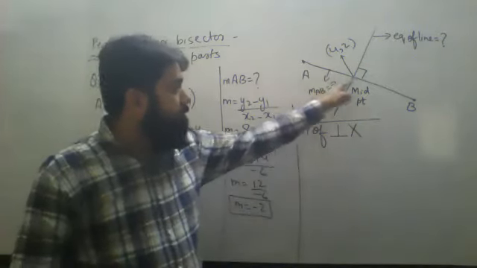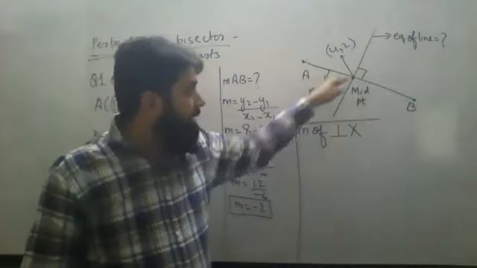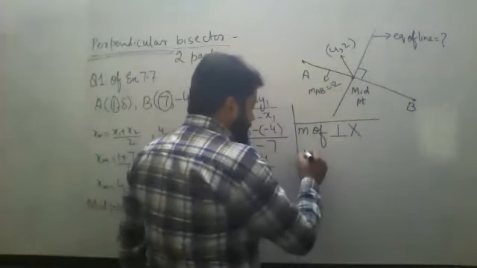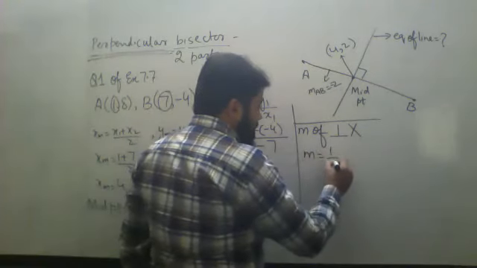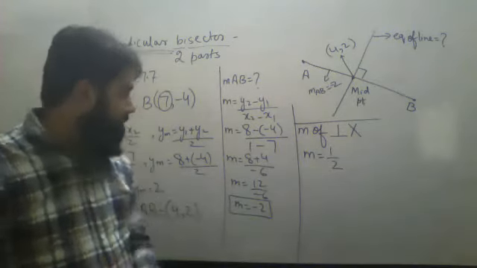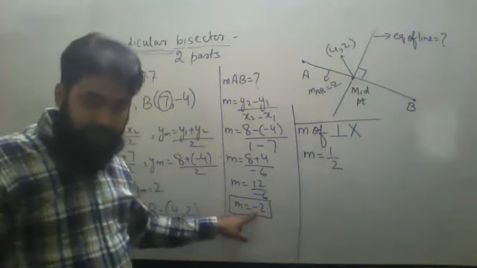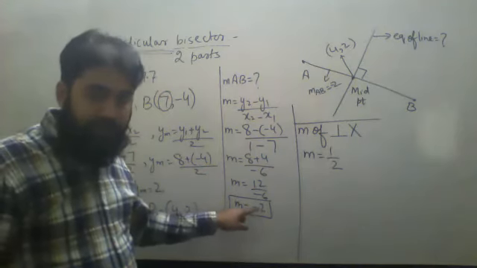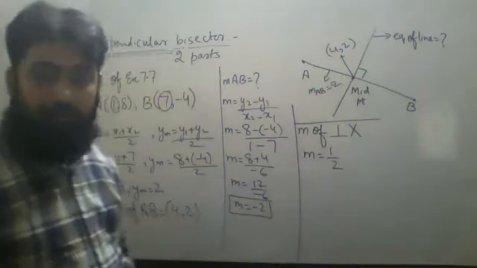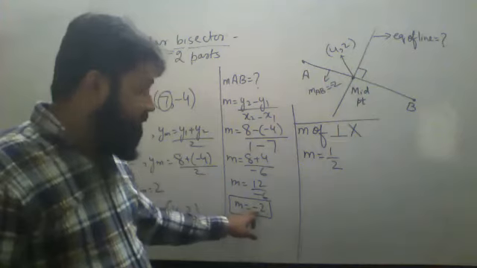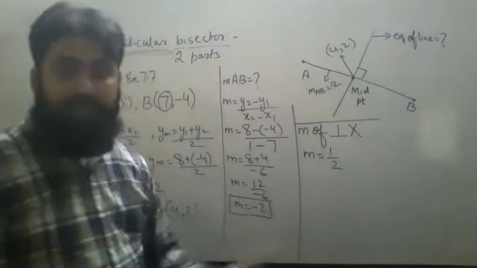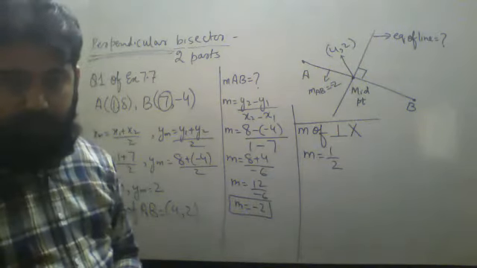If this is minus 2 and the bisector is perpendicular, the gradient of that line will be 1 over 2. It is the negative reciprocal of this gradient. The reciprocal of minus 2 is written with 2 in the denominator, and the minus sign is changed into positive.